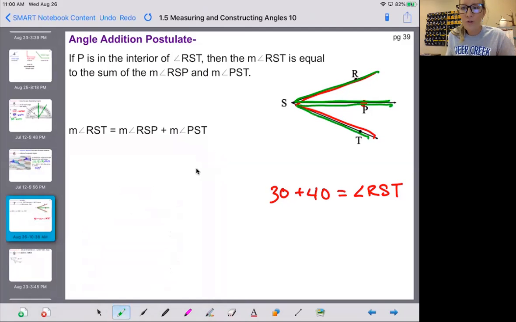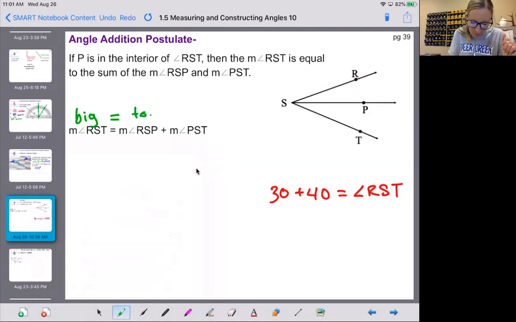So hopefully you're thinking, yes, I already know that. I can visually see that. It is very simple to understand. But once we read the postulate, it makes it a little bit weird. So basically they're just saying the big one is equal to the top angle plus that bottom angle. And we're all thinking, duh.